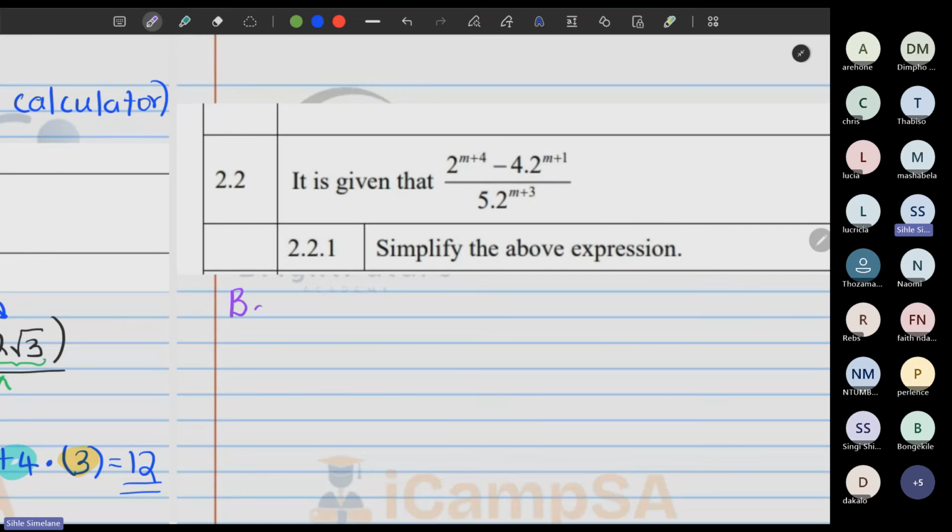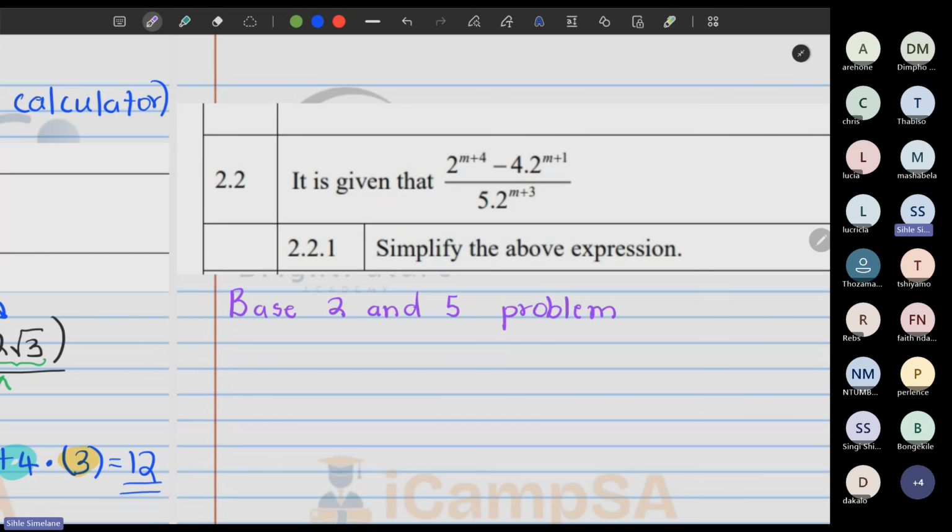What bases do you think we will have here? Base 2 and 5. There's no 3 here. So it's a base 2 and 5 problem.